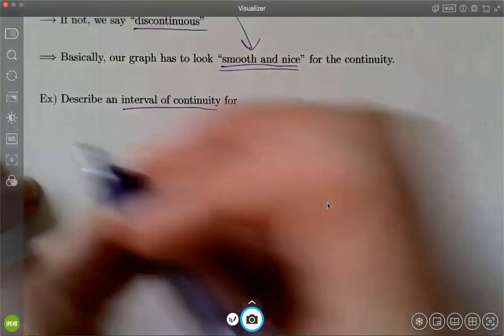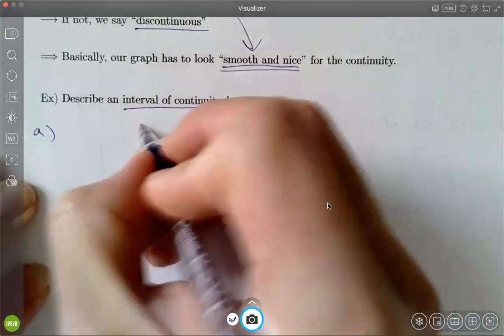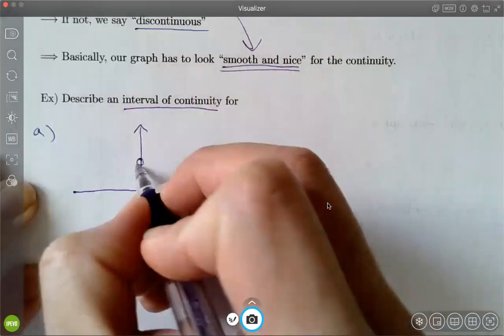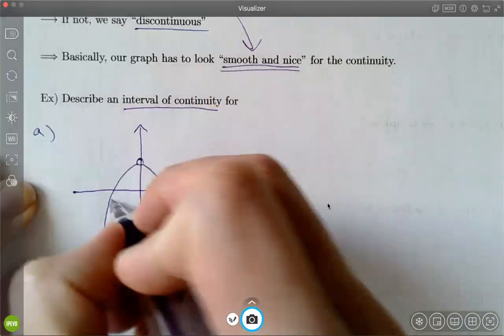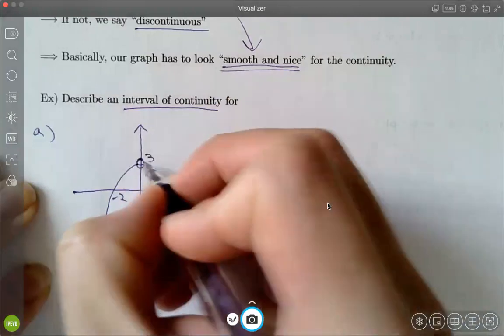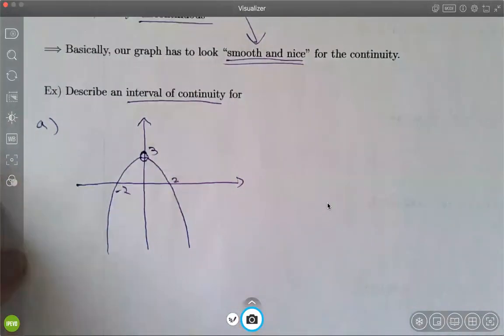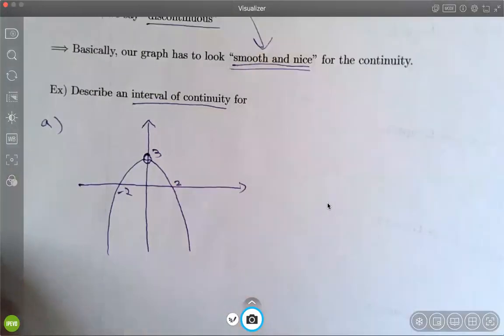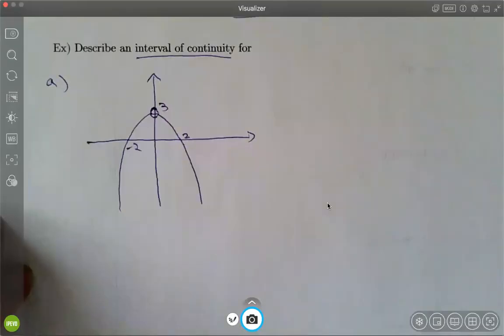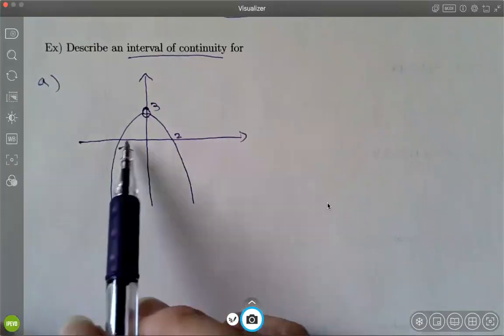So part A. Okay, and here's the empty hole here. So here's the first graph. It is the almost parabola, the almost U. And that point is -2, this point is 2, and this point is equal to 3.